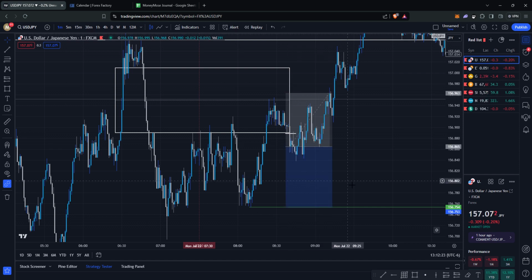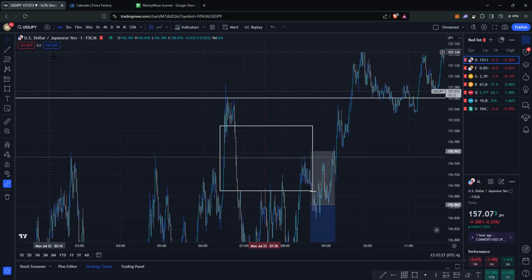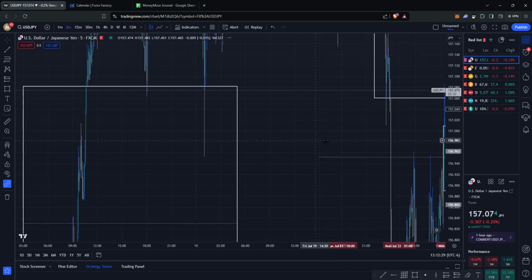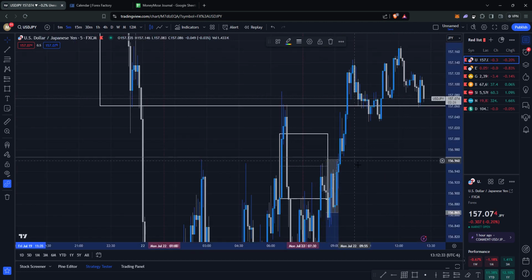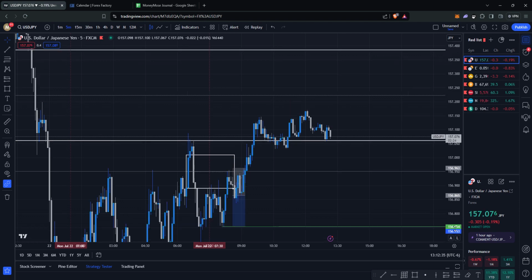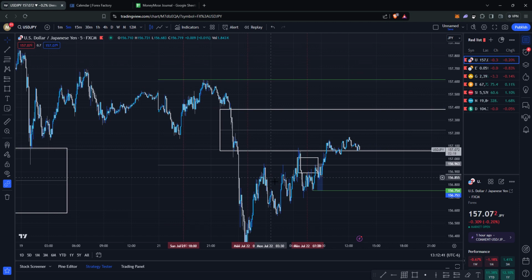But the market just ended up not going in the direction that I predicted. Something that, looking back, I wish I did differently was not entering on this so much. It's not that I didn't like it, it just wasn't my favorite thing.